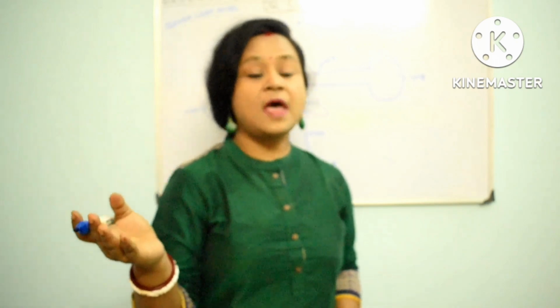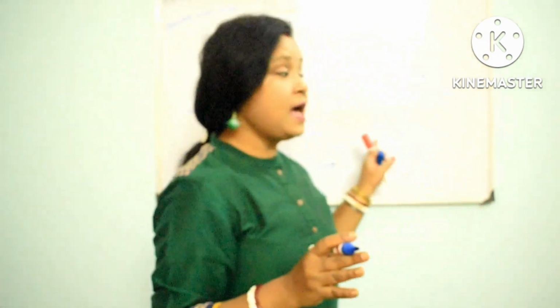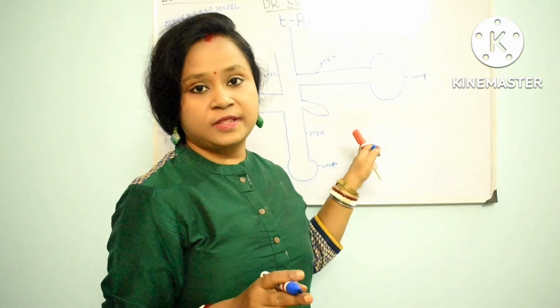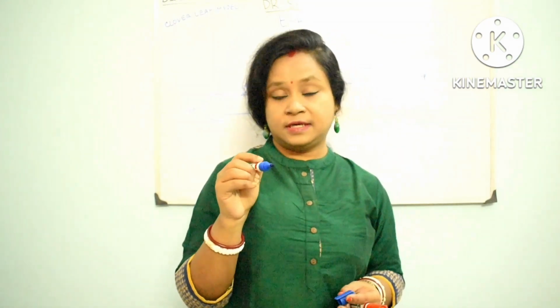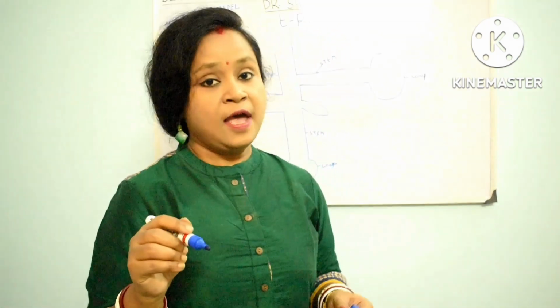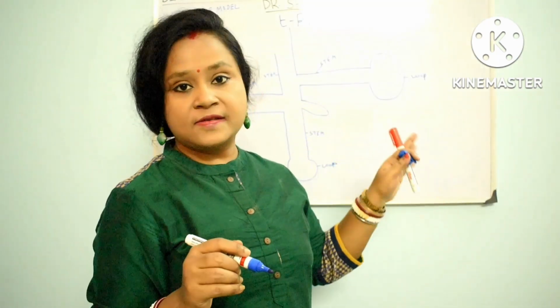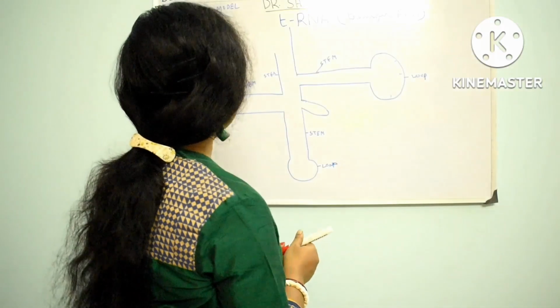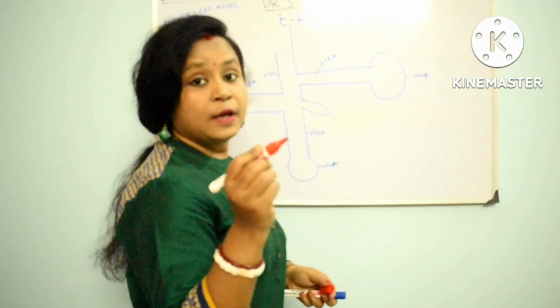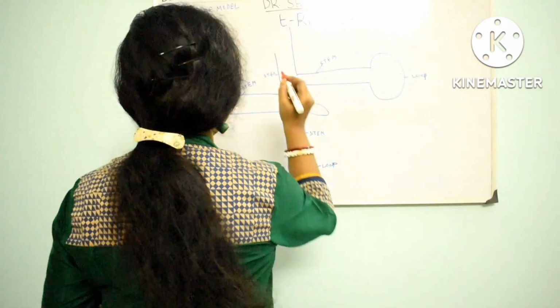And which are these abnormal bases? I am going to discuss them with you in this cloverleaf structure of tRNA. So let's discuss this structure in detail. tRNA is formed 5' to 3' end.